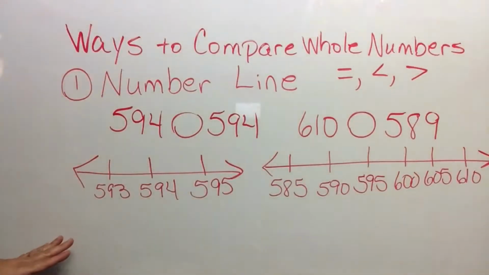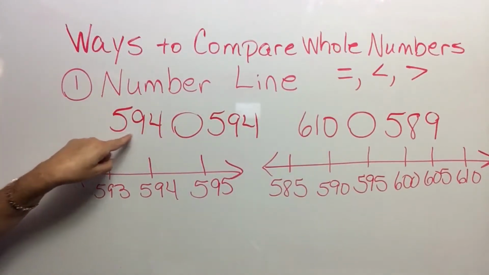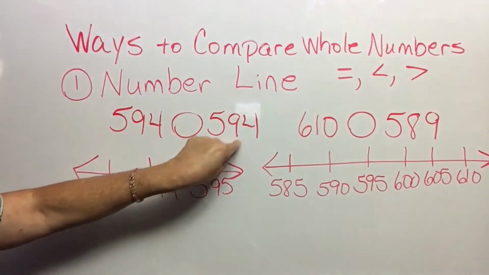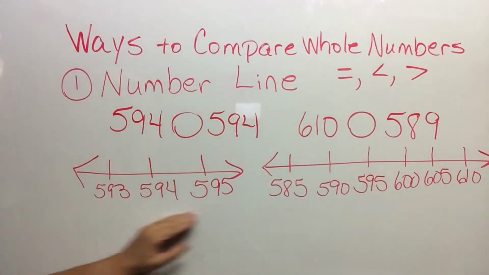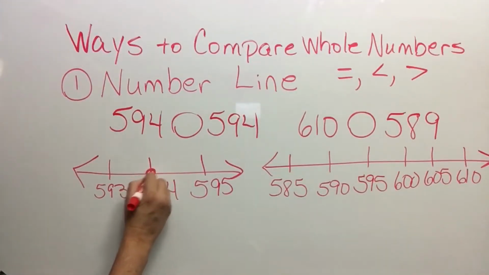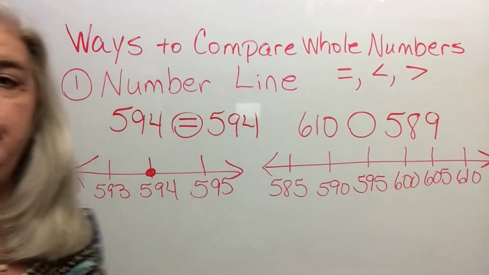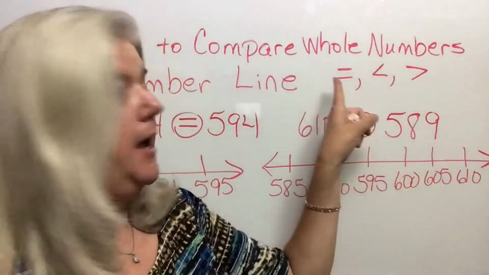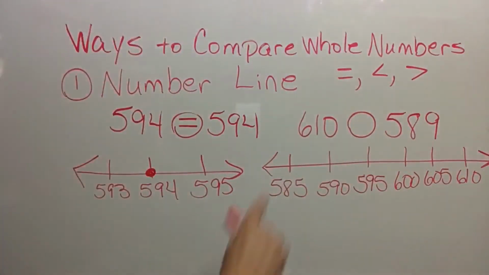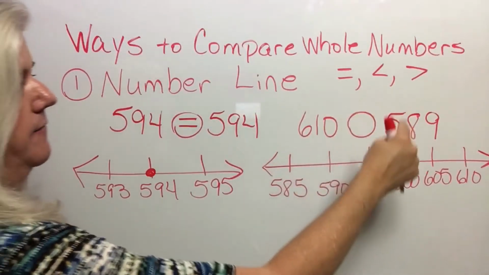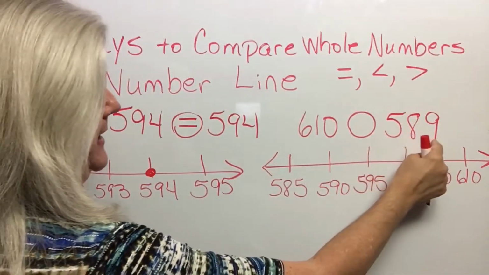Okay, let's look at the two numbers. Now, we want to compare 594 to 594. So I just drew a very small number line because 594 is equal to 594. They are the same number, so we would put our equal sign. 610 versus 589.